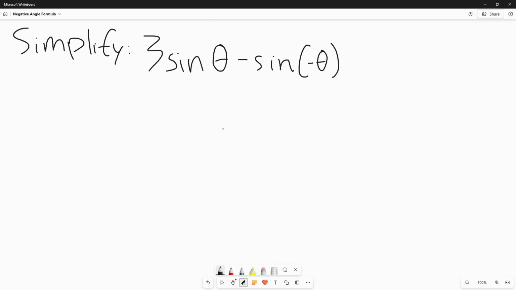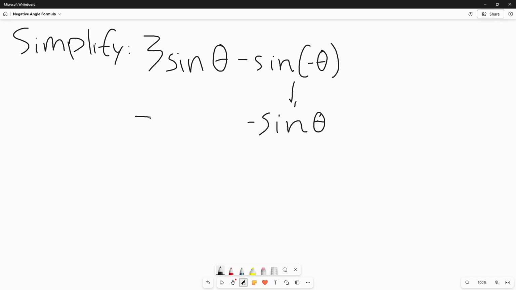Now let's do some practice problems. If you think you know how to do this one, then pause the video and try it for yourself. This one is asking to simplify 3 sine theta minus sine of negative theta. What we can do is replace the sine of negative theta with negative sine theta, because that's what the negative angle formula says.